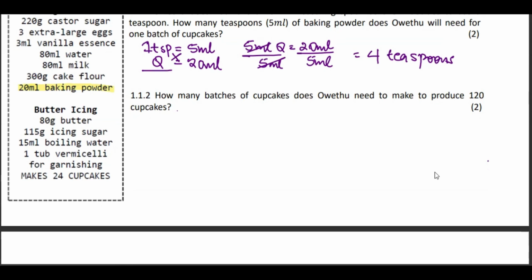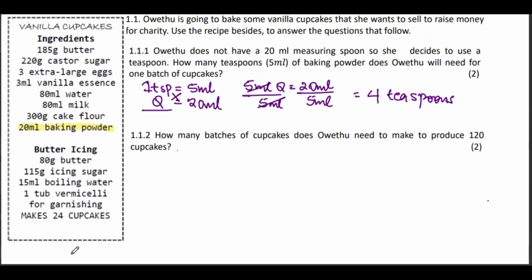1.1.2. How many bunches of cupcakes does Owetu need to produce 120 cakes? So you're going to ask yourself, a bunch is a collection. This recipe only caters for 24 cupcakes. These ingredients that we have cater for 24 cupcakes.